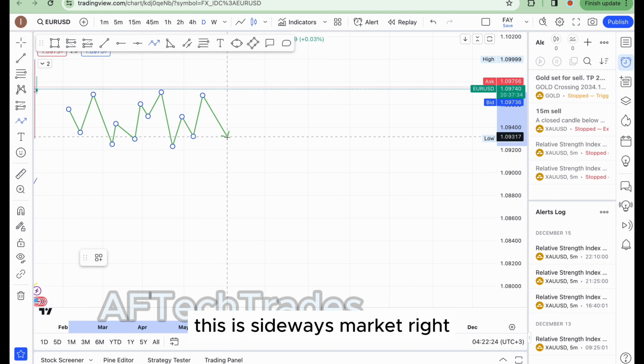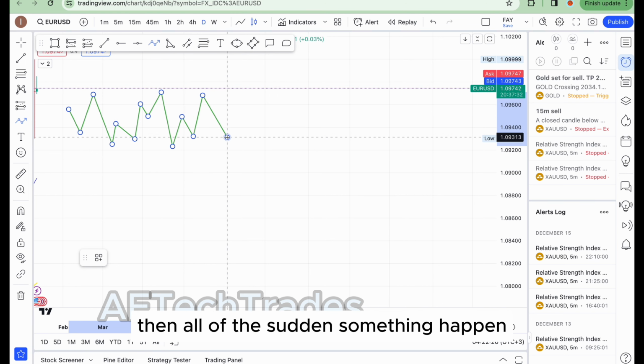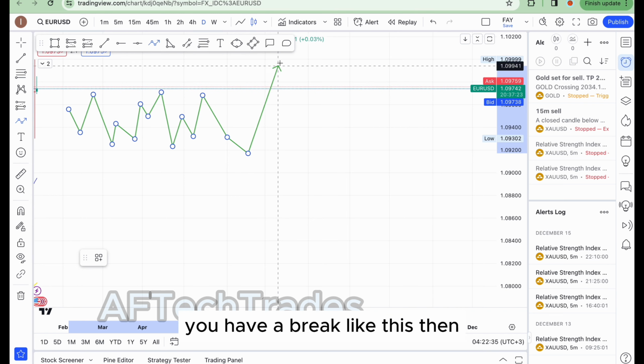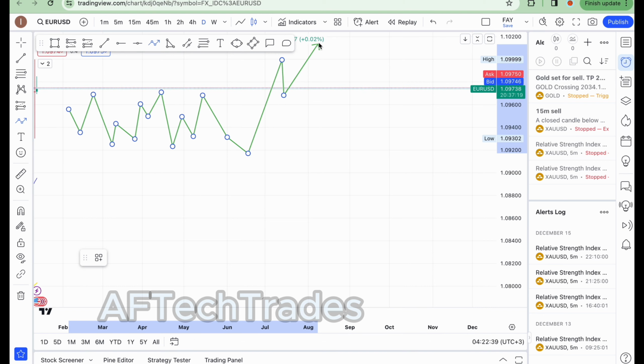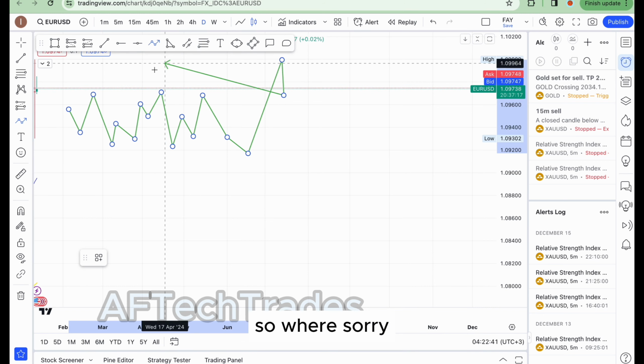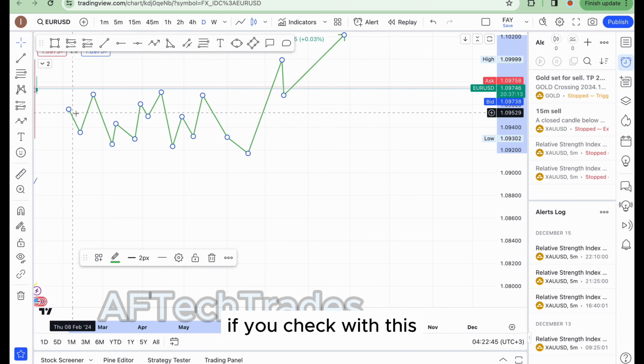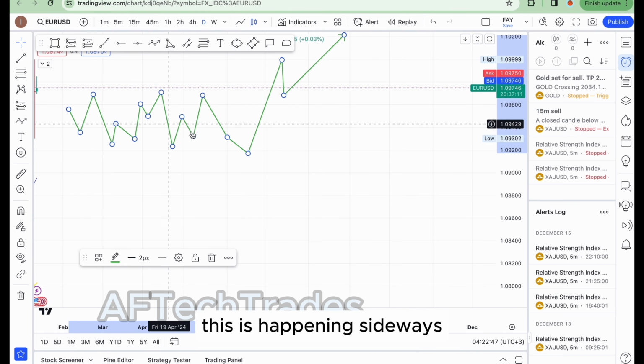This is a sideways market, right? Then all of a sudden something happens, either you have a break like this. If you check, this is happening sideways.